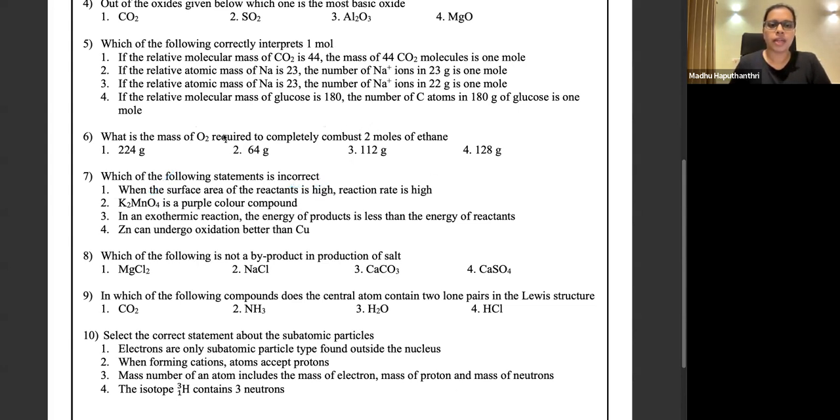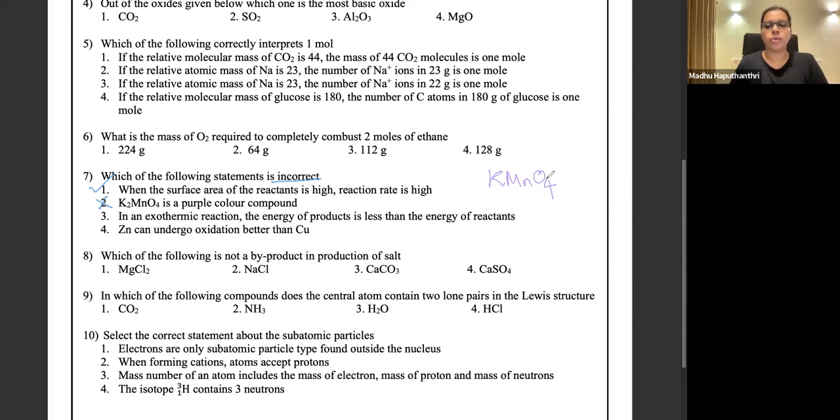What is in the second statement? K2MnO4 is a purple color compound. This is wrong. K2MnO4 is not what is purple. Instead, that is KMnO4. Potassium permanganate is what is purple. So look at these two. This is K2MnO4.